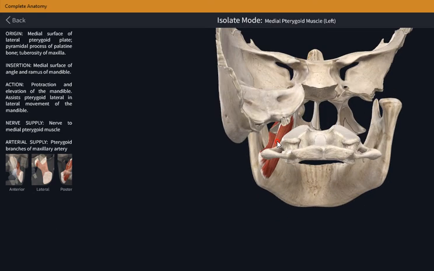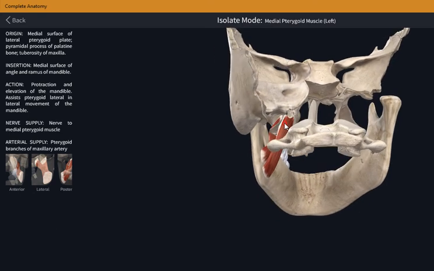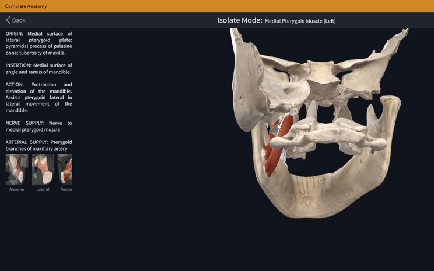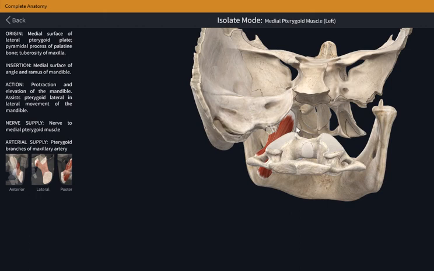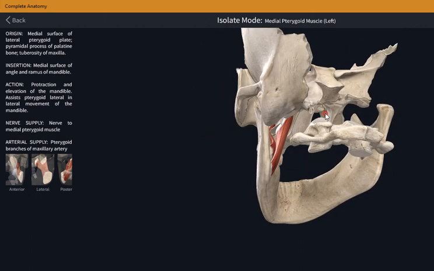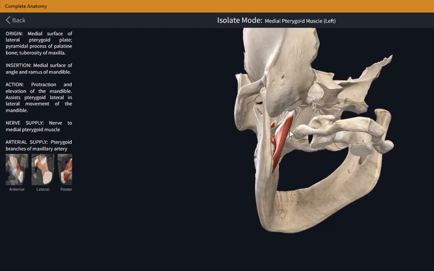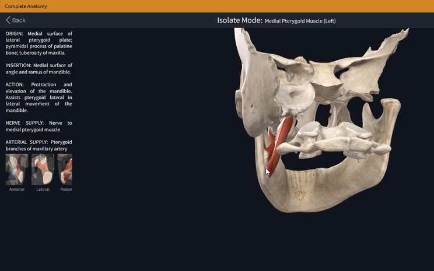This is the lateral plate of the sphenoid bone, and this is the medial plate of the sphenoid bone. So the medial pterygoid muscle originates between the lateral and medial plate, and that portion is the pterygoid fossa.